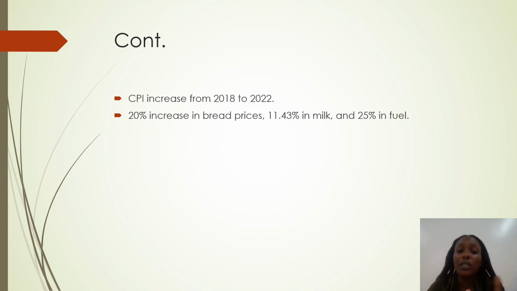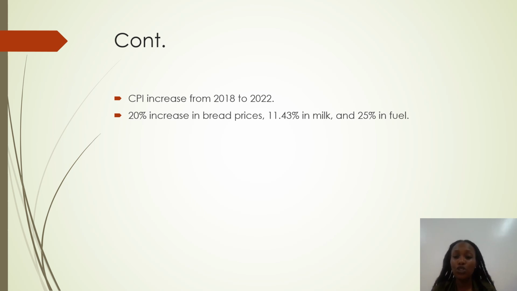When you look at the CPI for bread, you see that there is an increase of 20% between the year 2018 and the year 2022. It means that over those 5 years, there is an increase of 20%.